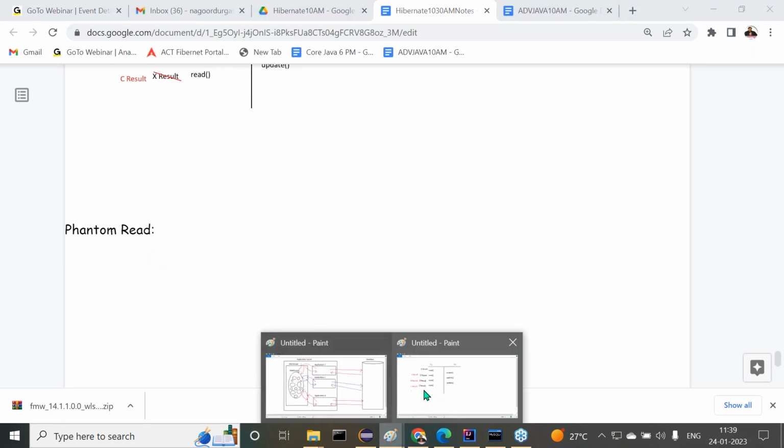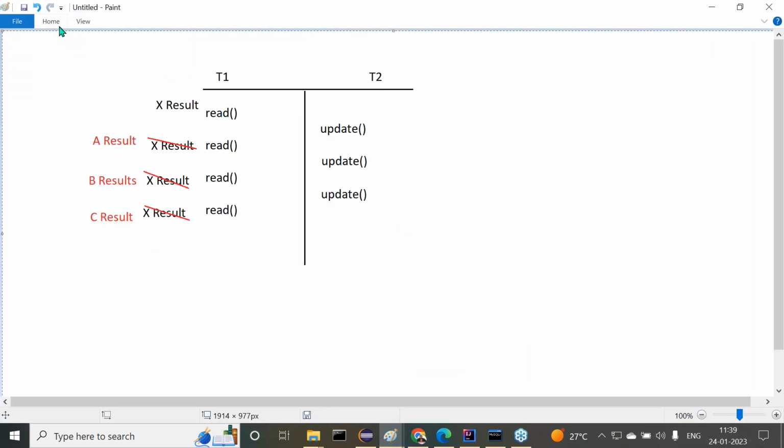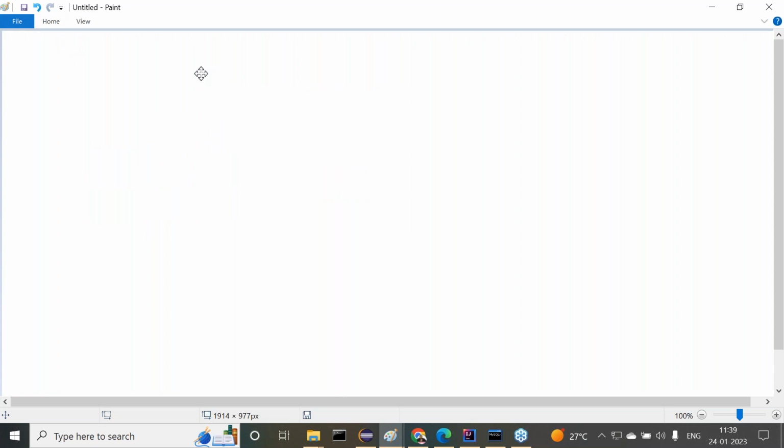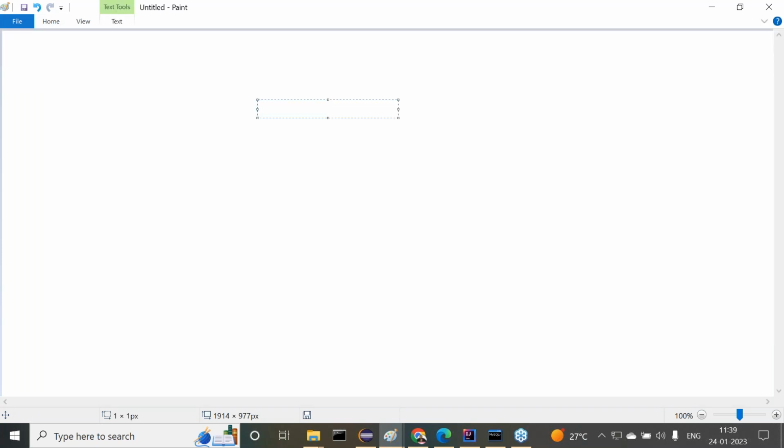Next one is the phantom read problem. What exactly is this phantom read problem? Almost similar content, but understand this clearly. For example, here we have the T1 transaction and the T2 transaction.